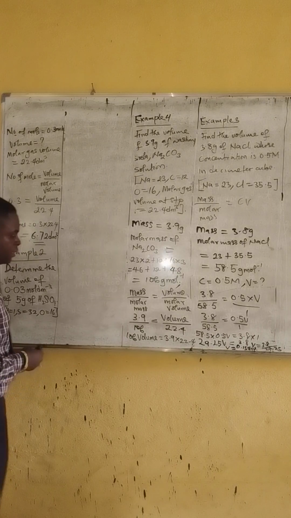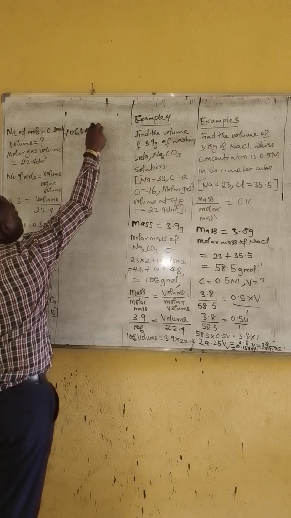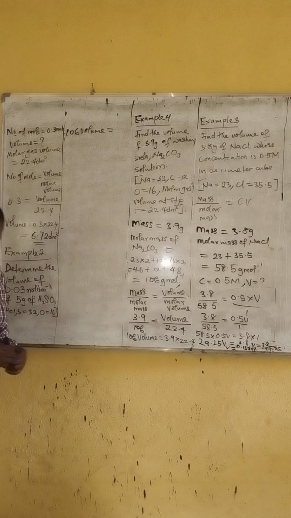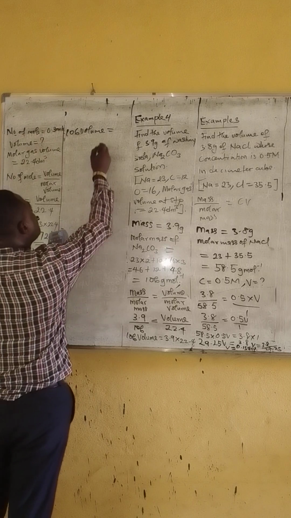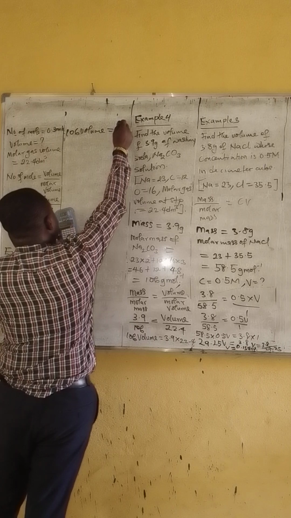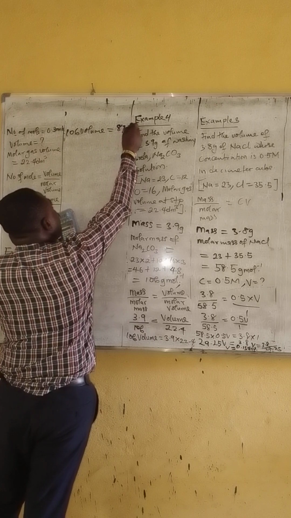Now, 106 volume is equal to 3.9 times 22.4, which is 87.36.